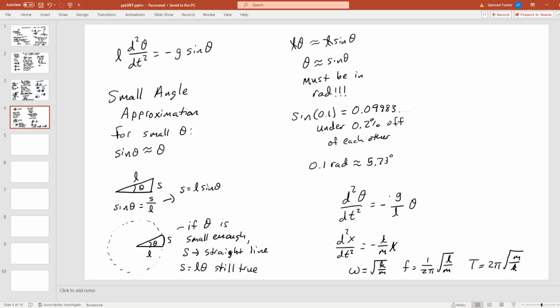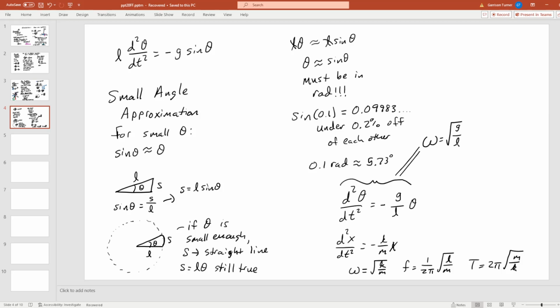For the pendulum, if we look at the exact same kind of equivalencies and draw the same parallels, we see that our angular frequency is equal to the square root of g over L. Okay, now let's pause for a moment and think about this result.